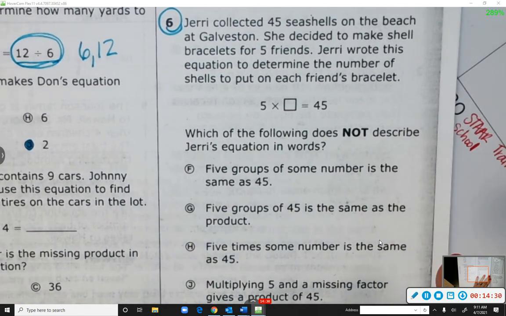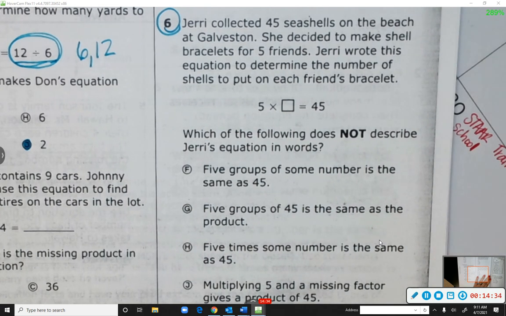The jury collected 45 seashells on the beach. At Galveston, she decided to make shell bracelets for 5 friends. Jerry wrote this equation to determine the number of shells to put on each friend's bracelet. 5 times.